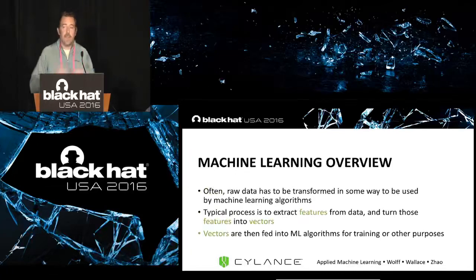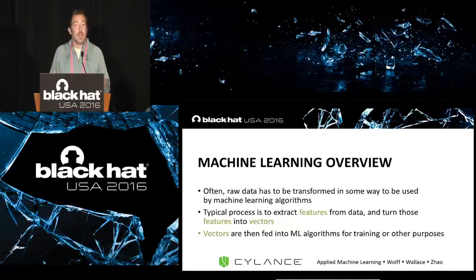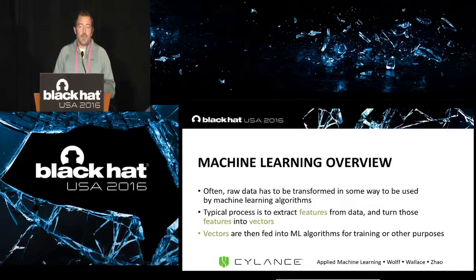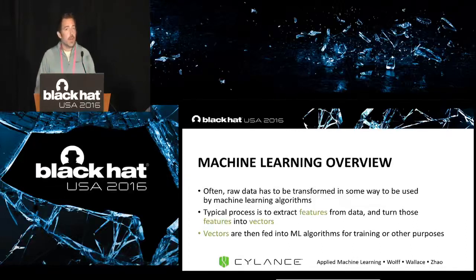So what happens is, okay, I have some data and I want to do machine learning. How do I make that happen? Given your data, typically you have to transform it into some type of mathematical representation. That is usually called a phase called feature extraction, where as a domain expert you would say, what are things in this data that I think are important to make a decision?